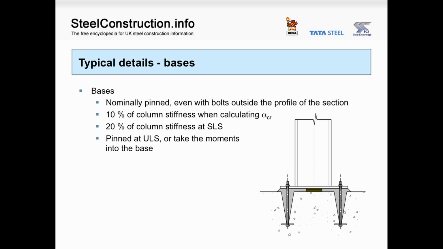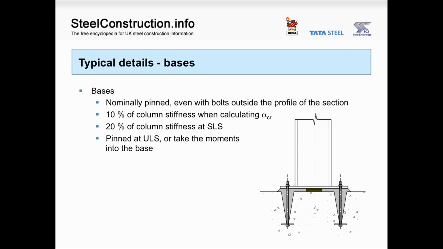The guidance on modelling the stiffness of a nominally pinned base is that when calculating alpha crit, which we'll see a little bit later, which is the measure of frame stability, modelling the nominally pinned base assuming it has a stiffness equal to 10% of the column stiffness is recommended.